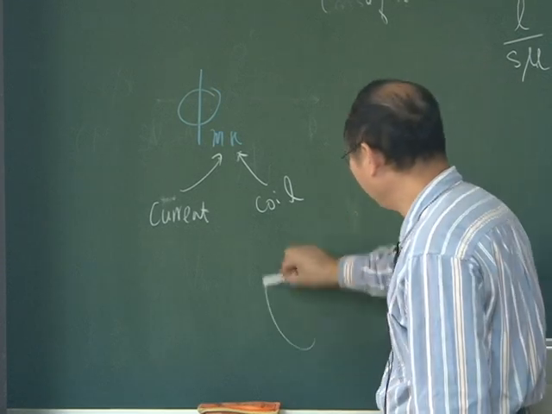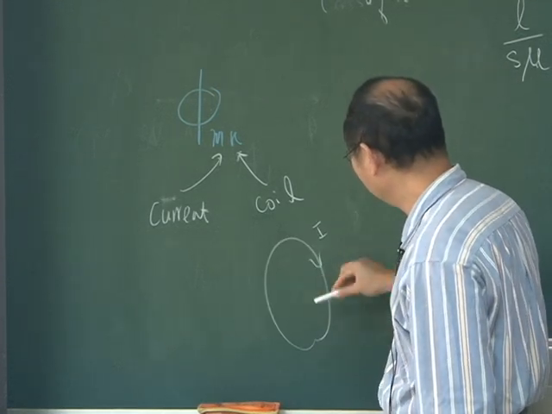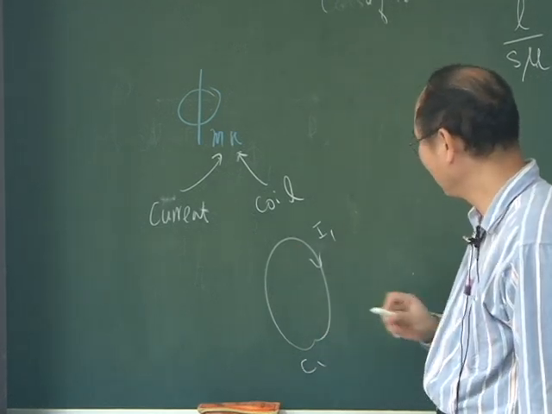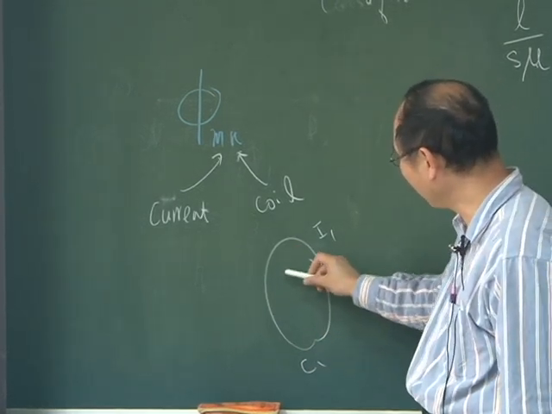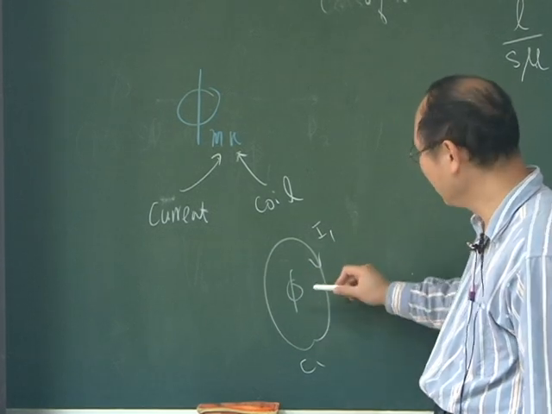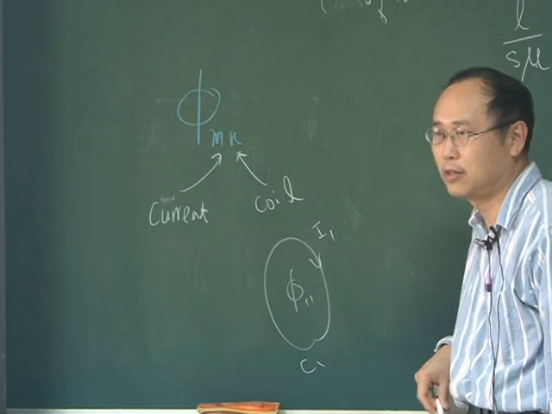Okay, so if I have a current in the first coil, then this magnetic flux inside this coil due to I1 is called phi 11.